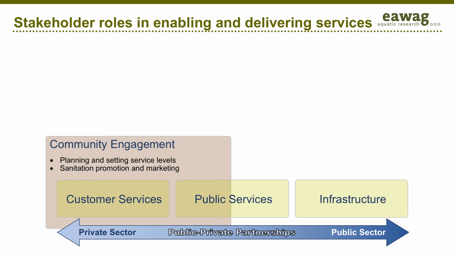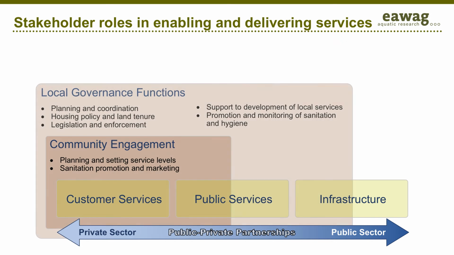Where services interface directly with customers, community engagement is vital to ensure that the right services are provided and that they are used. Local government has a crucial role in coordinating sanitation with related urban management functions and in enforcing standards. It needs to ensure that effective sanitation service providers are in place and monitor outcomes.